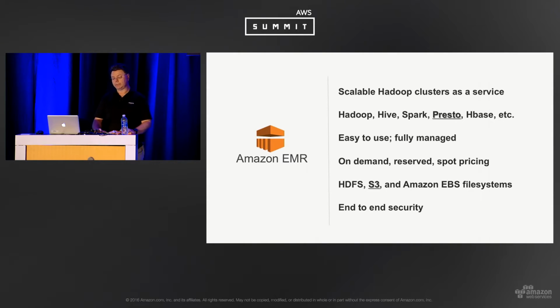We have 15 different applications currently, and we continue to add new Hadoop applications to that. And as you can see, Presto is one of the applications that you can readily deploy. It's a managed service. So EMR automation takes care of spinning up the EC2 instances that are part of your cluster.